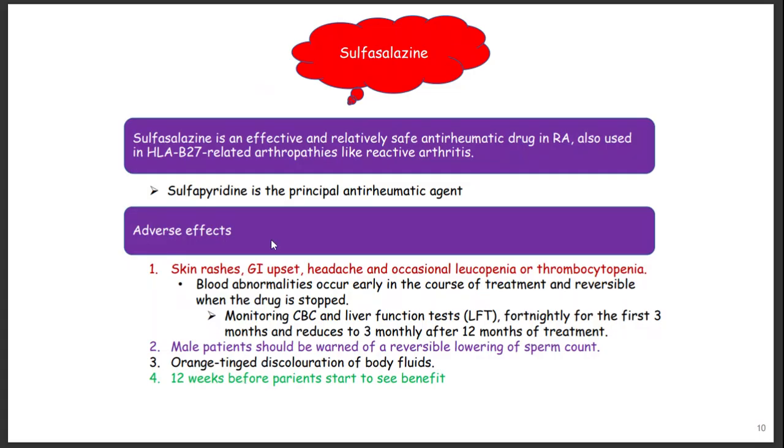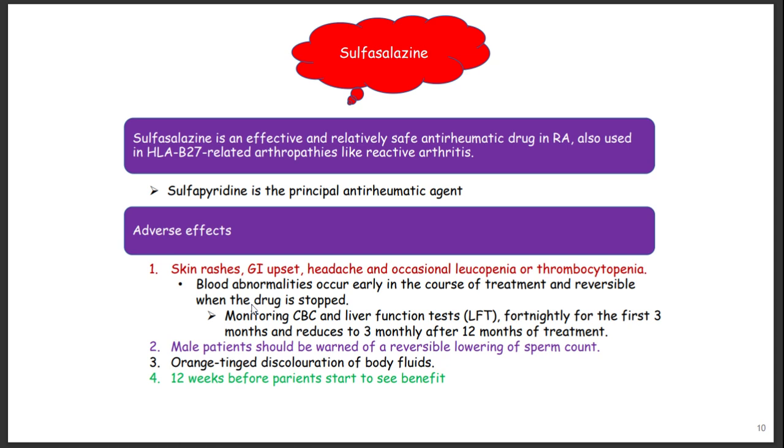Sulfasalazine is an effective and relatively safe anti-rheumatic drug, and it's used in HLA B27 related arthropathies like reactive arthritis. So this is the principal anti-rheumatic agent, sulfasalazine. The adverse effects include skin rash, GI upset, headache, occasional leukopenia, the reduction in white blood cells, and thrombocytopenia, reduction in platelets.